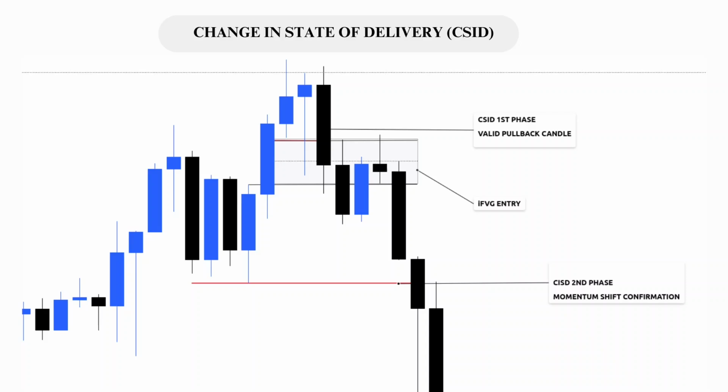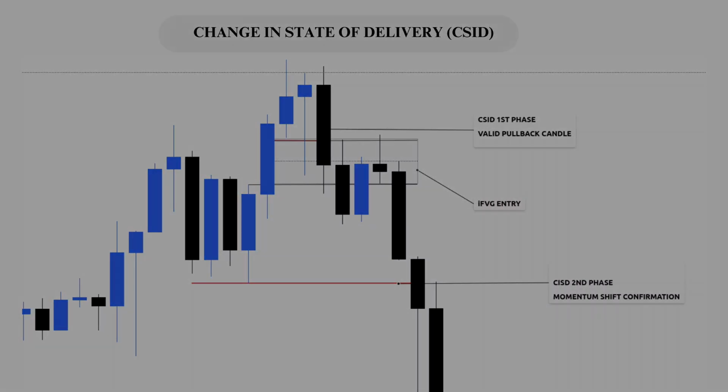So how can we detect this change in state of delivery and use it in detecting the next direction of the trend? Let's take a look at this diagram to illustrate how we can use this change in delivery in our trade and how we can identify these zones.